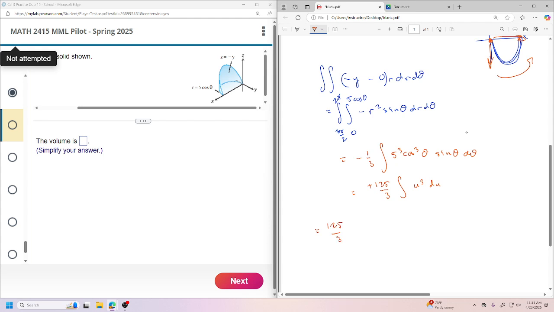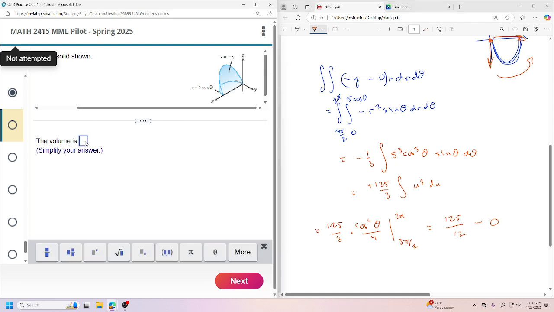So then I got cosine to the 4th all over 4 from this to that. Whenever I plug in a 2 pi, cosine is at its maximum, 1. So then I got the 125 over 12. When I plug this guy in, I get a 0. So that doesn't matter. And again, the 4th power doesn't really affect anything. Okay, cool.